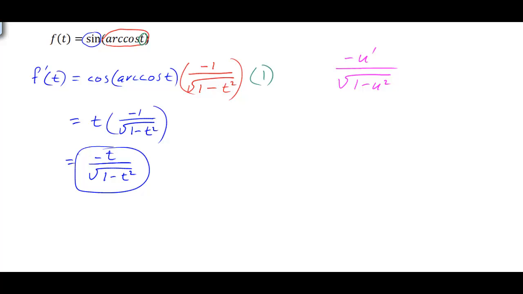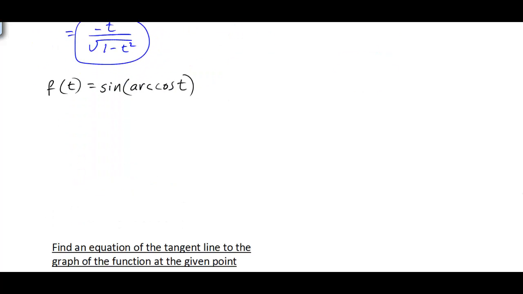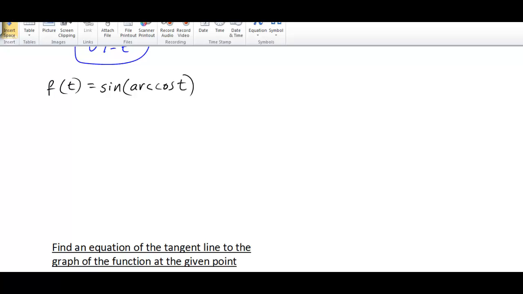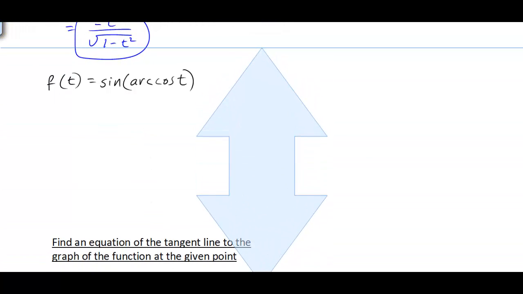I want to go back now and look at this same problem. So here I want to look at f of t equals the sine of arc cosine of t. And I want to show a slightly different way that we could calculate this problem or find the derivative.